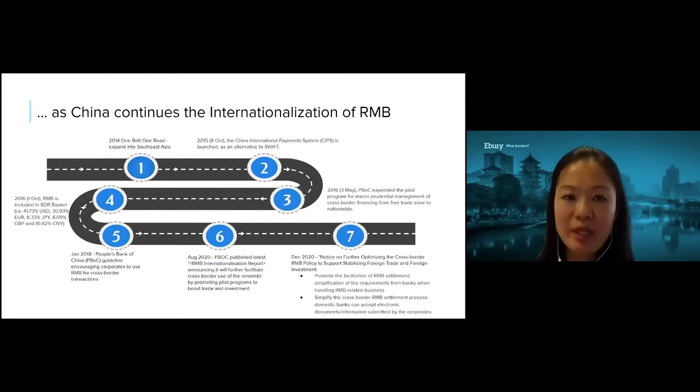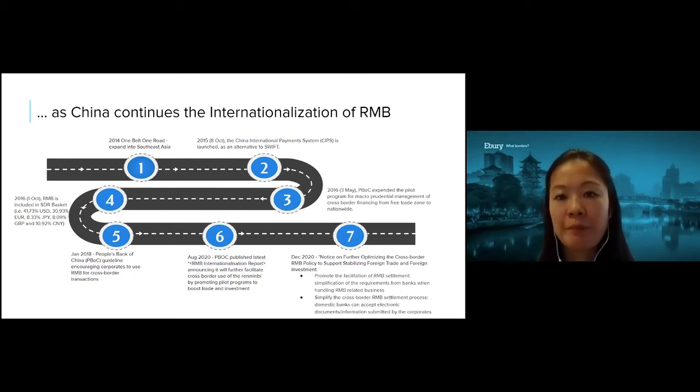So receiving USD, because that has been the normal way of doing things, it was pretty straightforward with the bank in China that the supplier was using. But then when they receive RMB, actually, they needed to physically go to the branch, submit a lot of documentation. So for a lot of suppliers in China, they find it a bit burdensome. So they kind of prefer to stick to the current status quo.